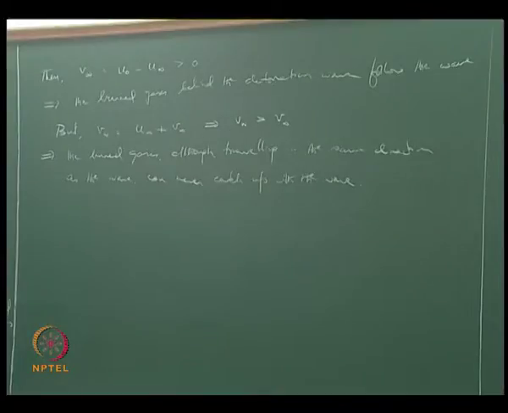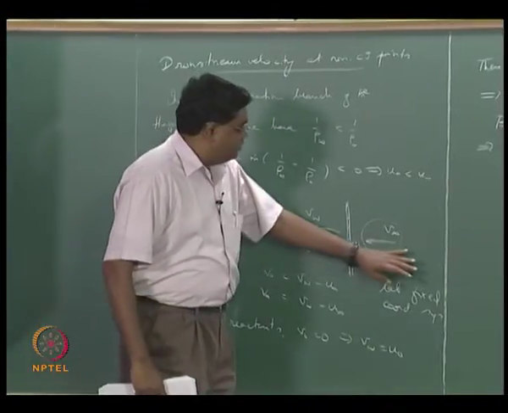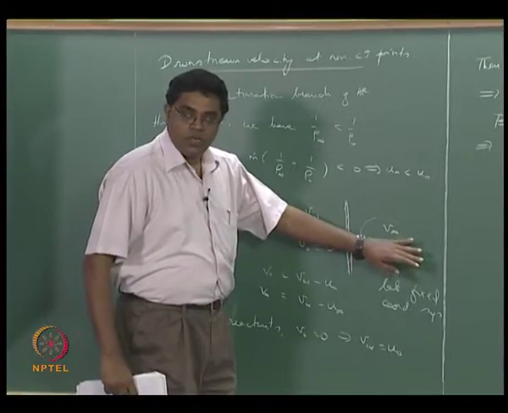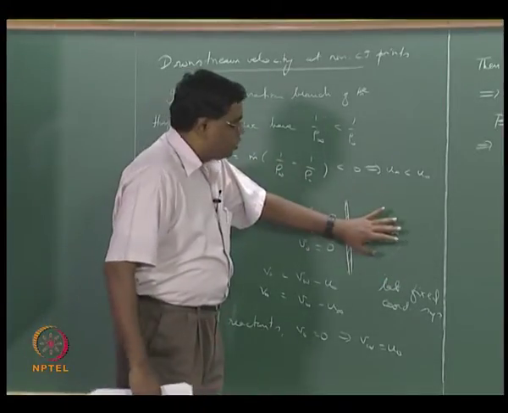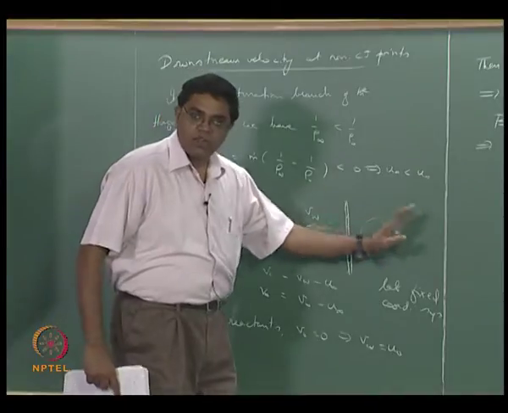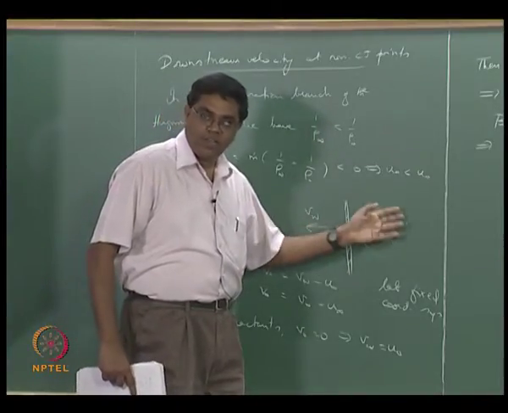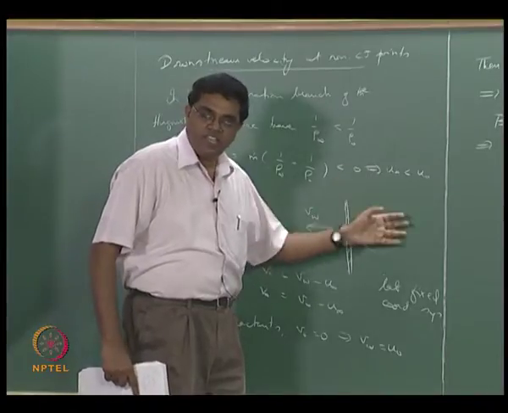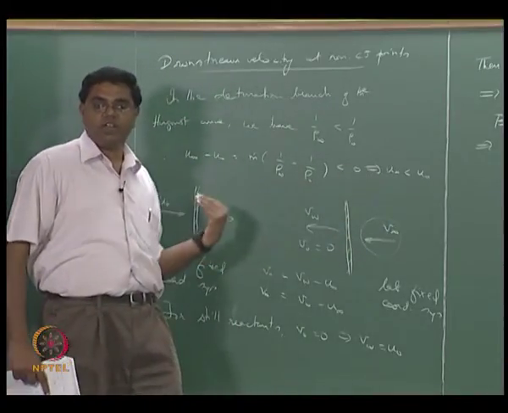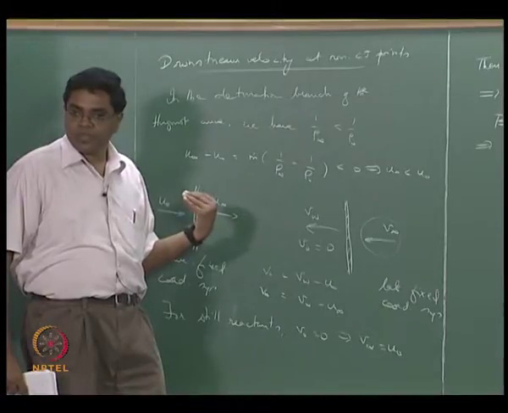This is true even when you now have a weak detonation where the product gases are traveling at supersonic speeds. They travel at supersonic speeds that are still less than the supersonic speed at which the wave travels. Okay.